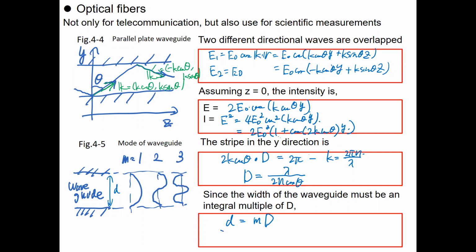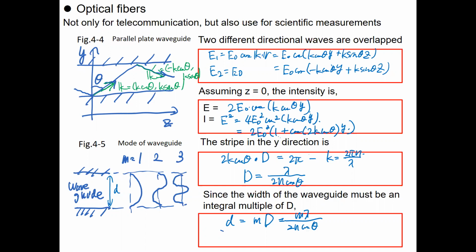So again, I corrected: this d value is the cosine oscillation period, when the phase satisfies 2 pi. The dimension of the waveguide can be defined by some multiple of d, which is equal to m lambda over 2n cosine theta.